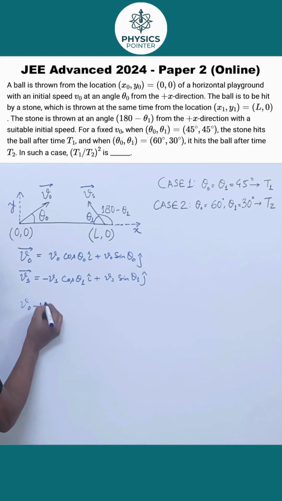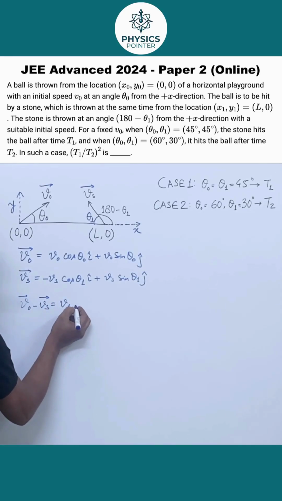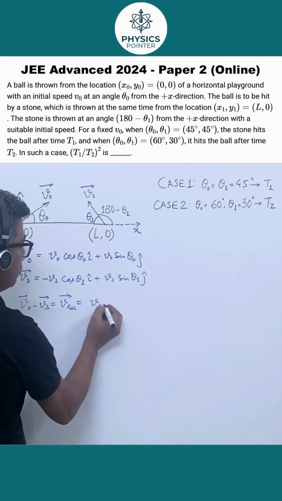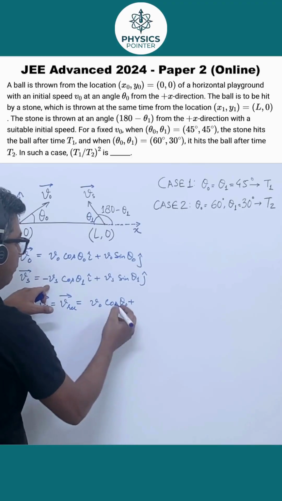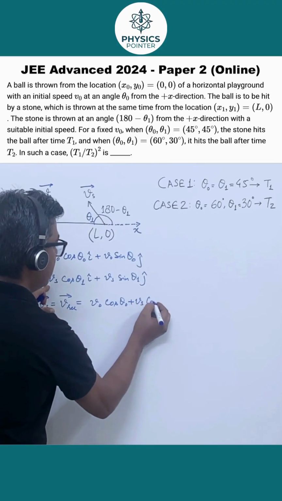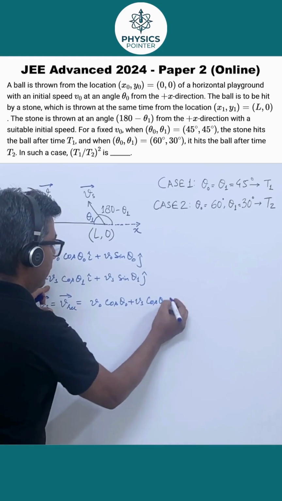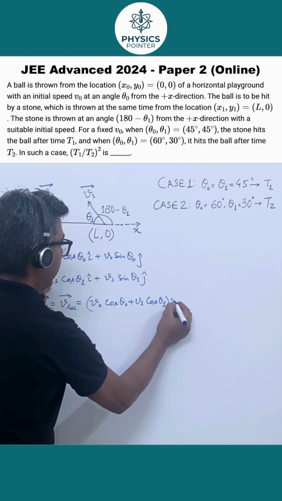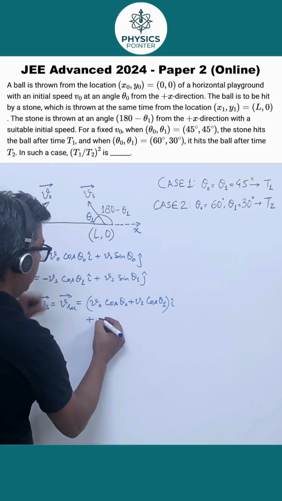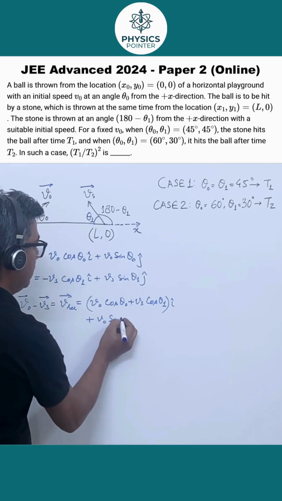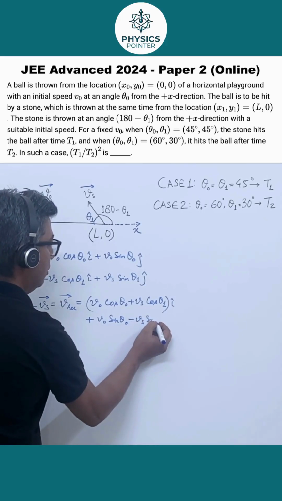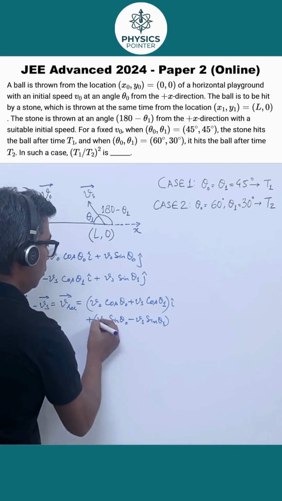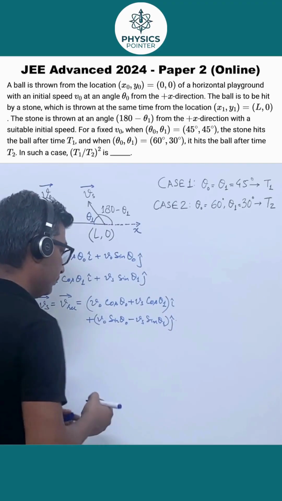So v naught minus vs is v relative. The first component: v naught cos theta naught, it becomes plus after minus, vs cos theta 1, whole bracket i cap, plus v naught sin theta naught minus vs sin theta 1, whole bracket j cap.